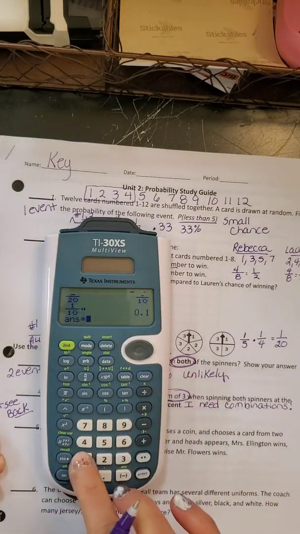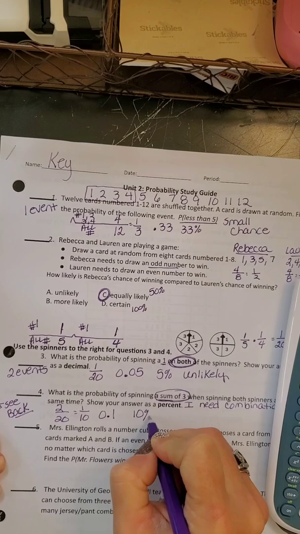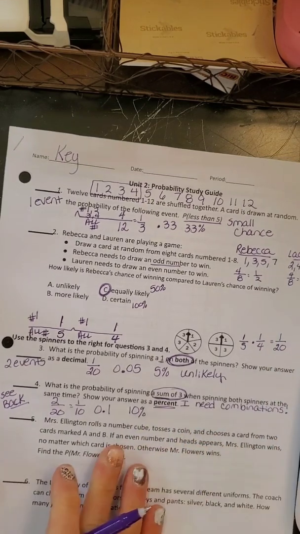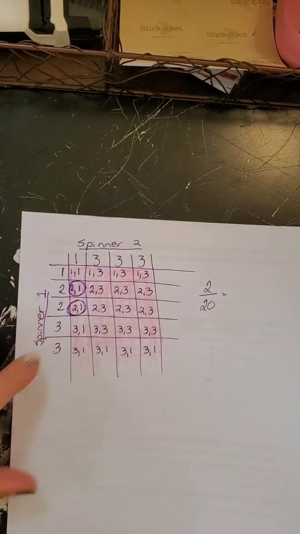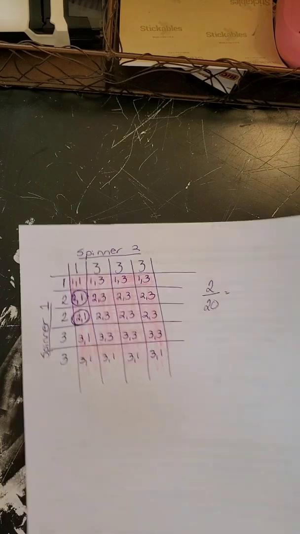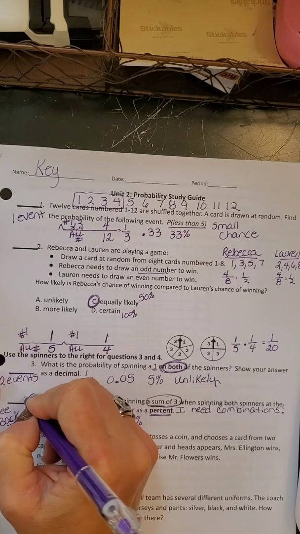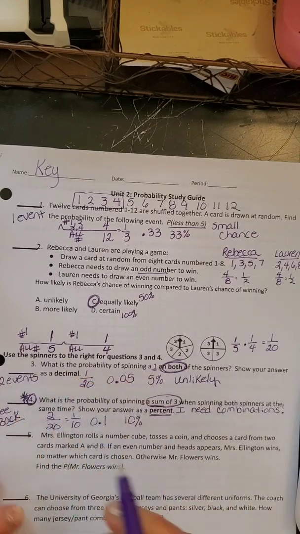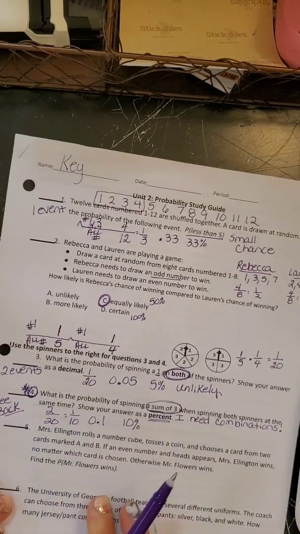Multiply that by 100. That is 10%. It said show your answer as a percent. Okay, so again, looking for that sum, looking for the combinations, and I will go ahead and say if you have a question like this on the test, you need to make sure you know how to do that table.